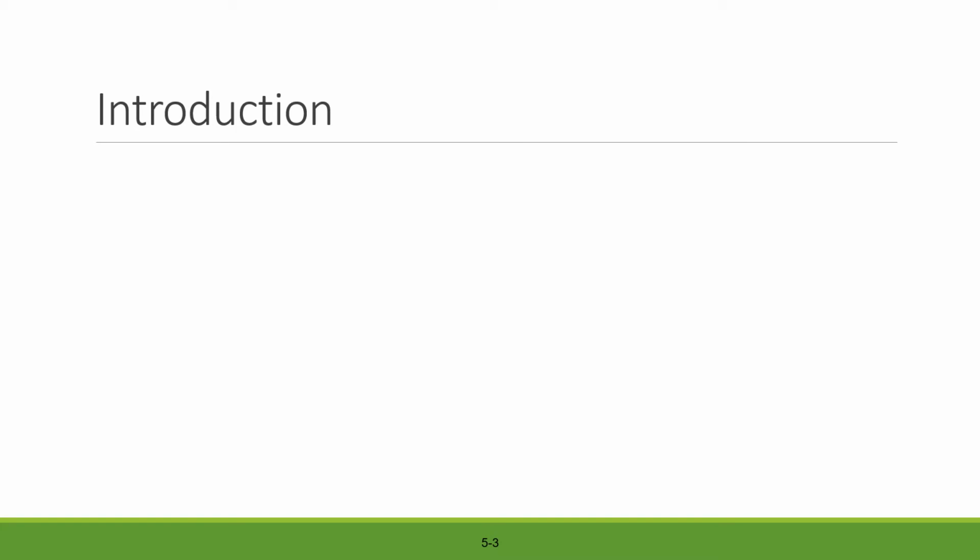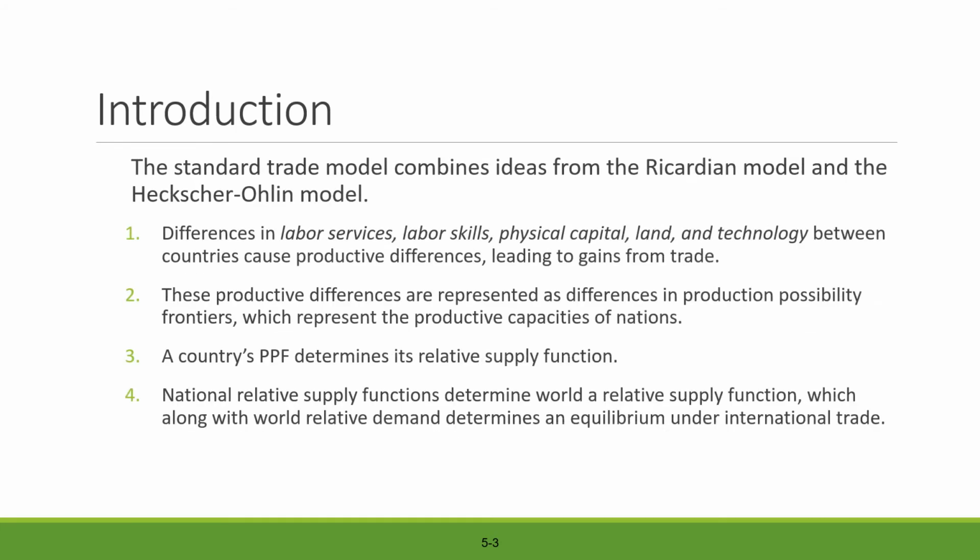The basic idea of the standard trade model is that it combines elements from the Ricardian model and other elements from the Heckscher-Ohlin model. For example, in the Ricardian model, we say that laborers in different countries have different productivity.